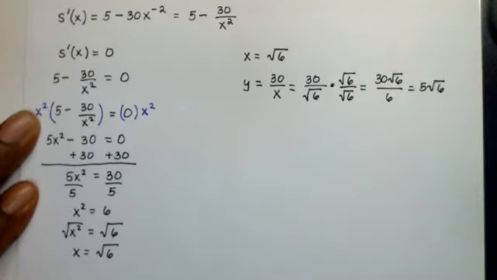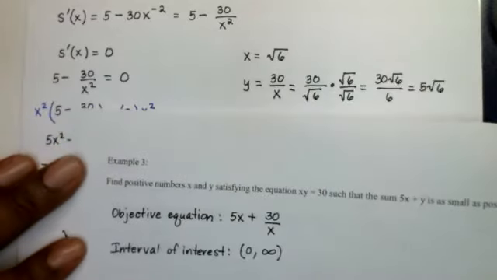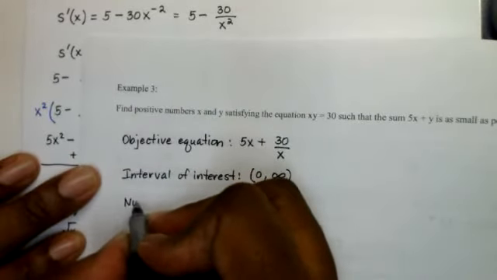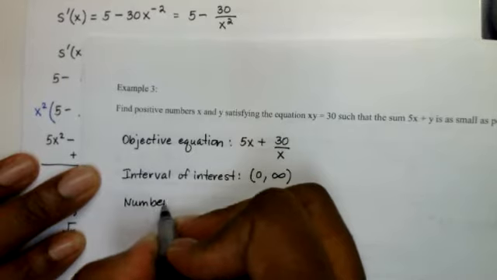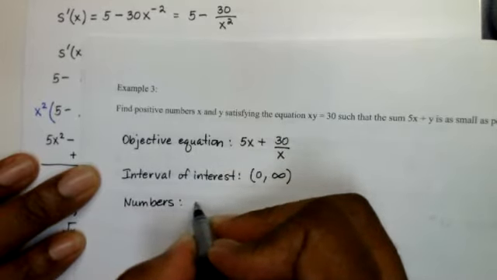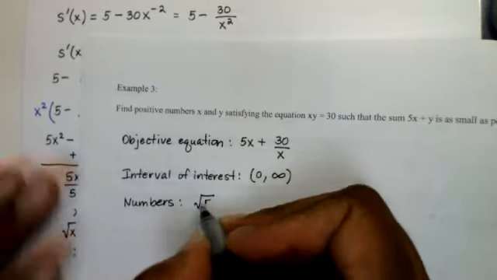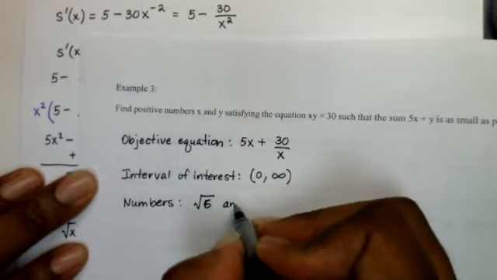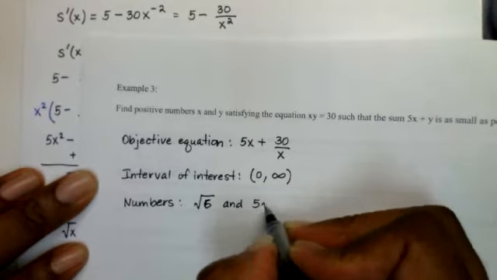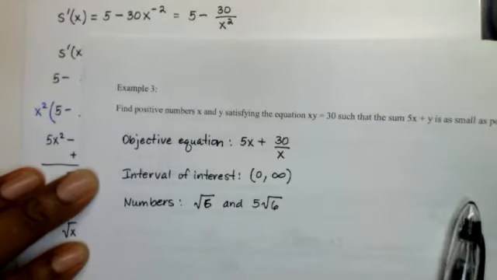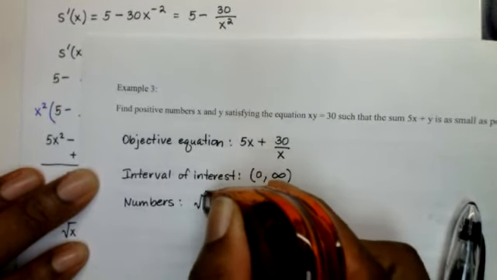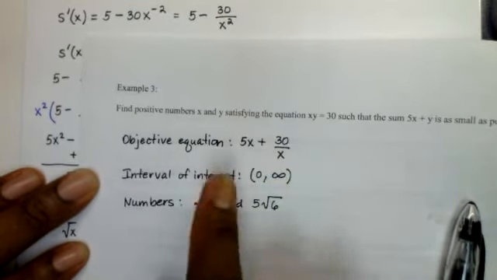Okay. So to answer the question here, the numbers that we're dealing with are the square root of 6 and 5 times the square root of 6. I'll make my 6 look like a 6.